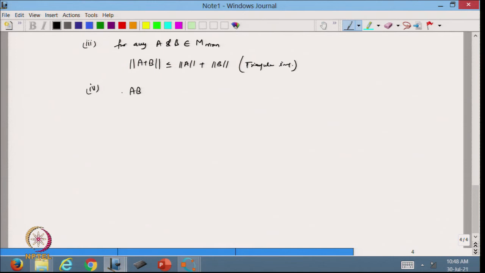the product of A and B is possible, is defined.